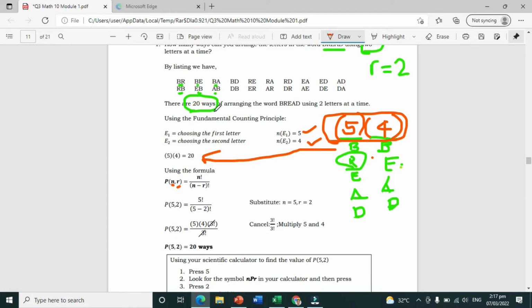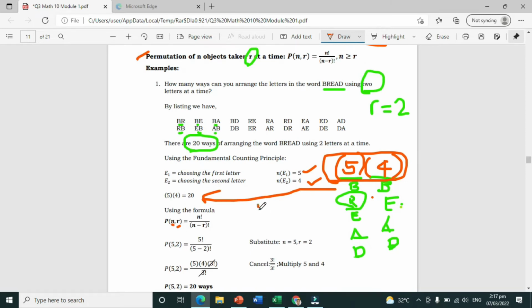Yan yung r. So, same dito. Ang n natin dito, from the word bread, meron tayong 5. So, we have 5 letters na pagpipilian. Pero, ang r naman natin dito is only 2 since we are asked to use 2 letters at a time. Yan. So, that is why P52.